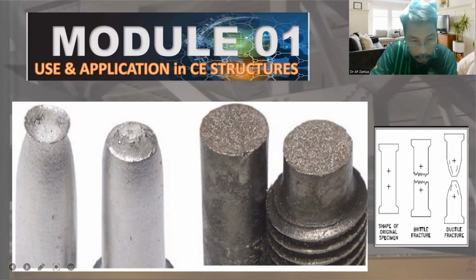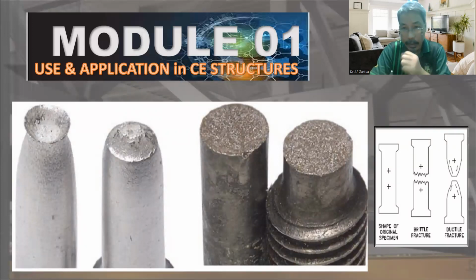What I mean by uniform is that on the other set, it also breaks, but there is a cone and a cup. This is a cup shape and the other one is a cone shape, cup and cone. But on this set, the surface just breaks without cupping and without making a cone.